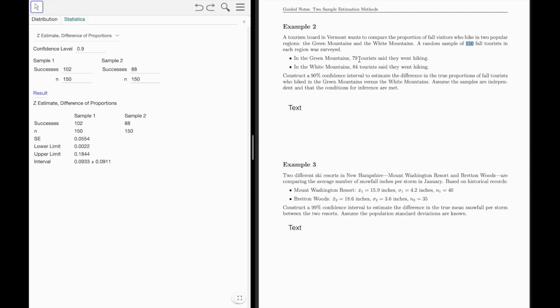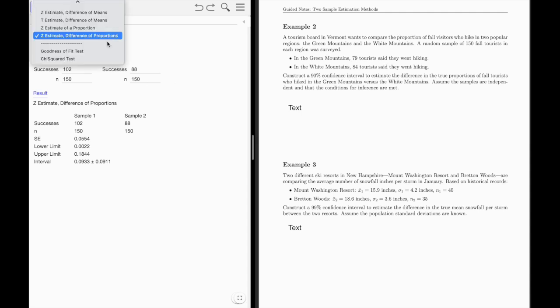So our probability of failure would be 71 out of 150, and when I multiply that by 150, we certainly get a number greater than 5. When we do that same calculation for the second sample, it's also going to work. I'll let you practice and do that on your own. But the conditions are met here for us to be able to use a z-estimate for proportions.